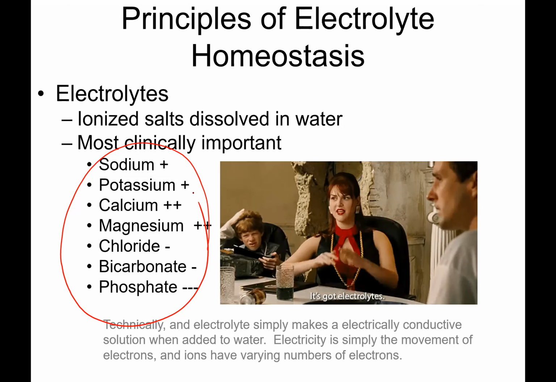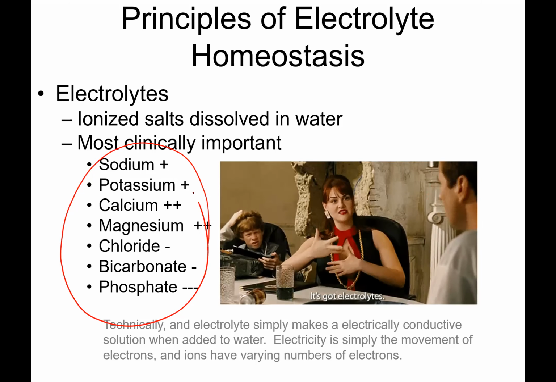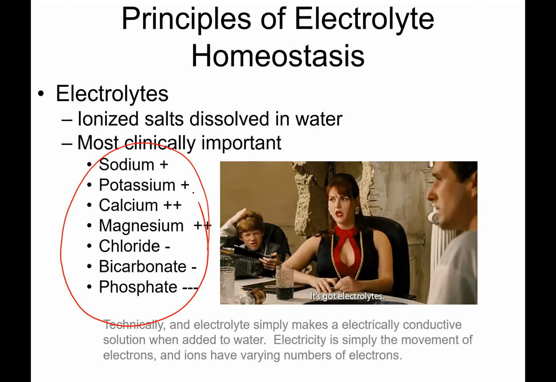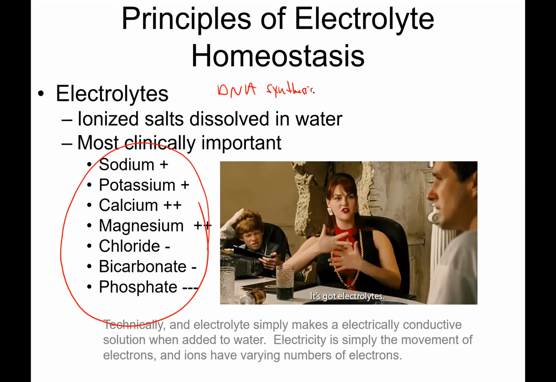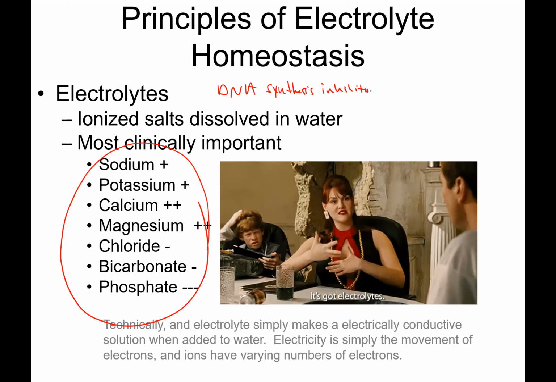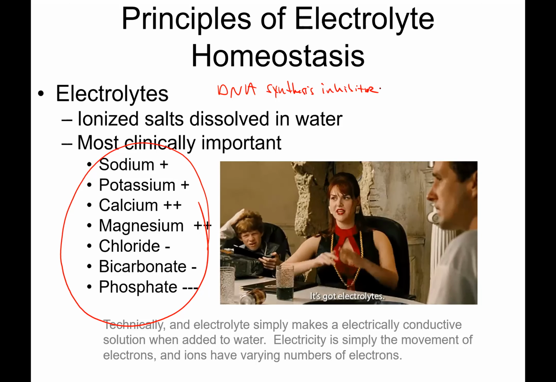Plus, they add food coloring, the yellow and the blue and all that stuff. Which, by the way, that kind of food coloring is a DNA synthesis inhibitor. So you just want to be careful on how much of the dye.